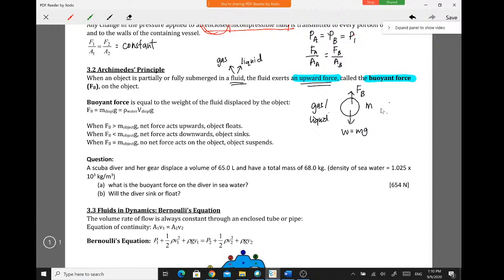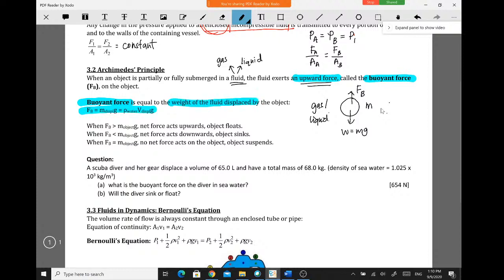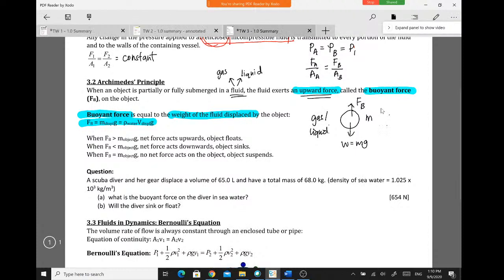Okay, so how to calculate the buoyant force? This one is super very important. Buoyant force is calculated by this. Okay, buoyant force is equal to the weight of the liquid displaced, or weight of the fluid displaced by the object. So it is equal to mass of the fluid displaced times g, or when you further expand it, it's equal to rho Vg.